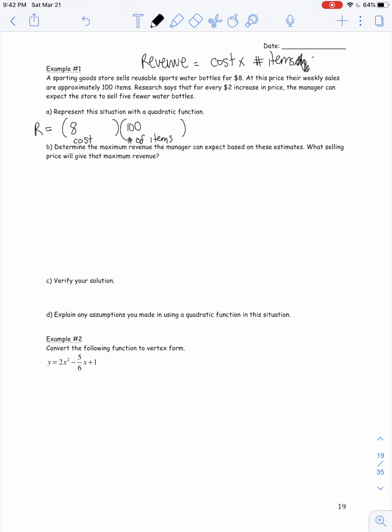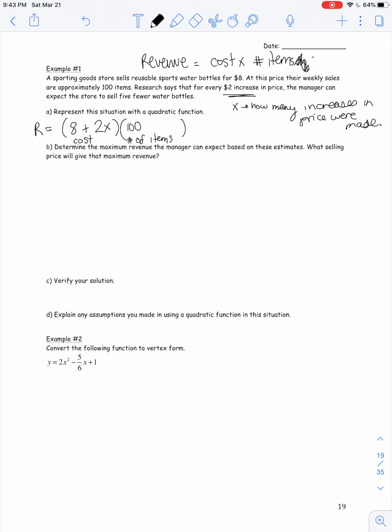Research says that for every $2 increase, you're going to go plus 2x. X is going to represent how many increases in price you made. So X represents how many increases in price, and they're saying they're going to charge you $2 extra for every increase in price that you do.